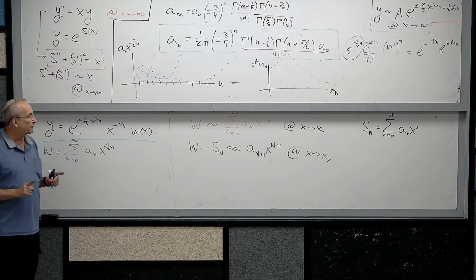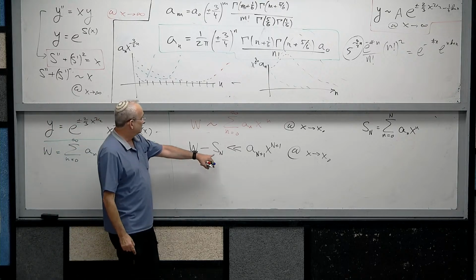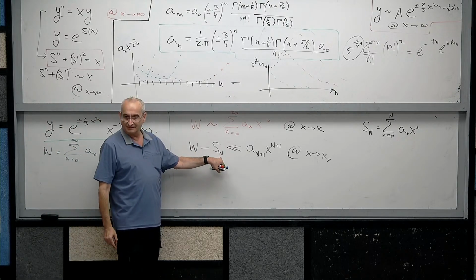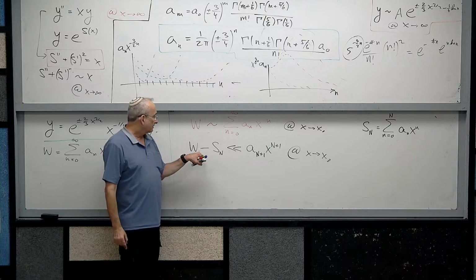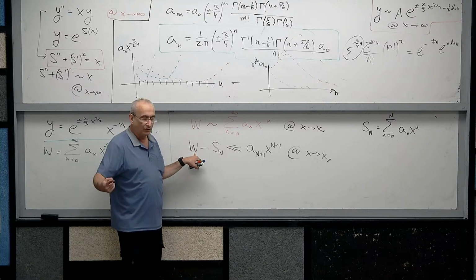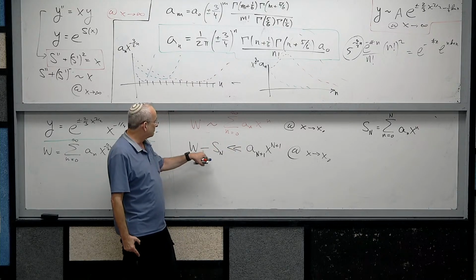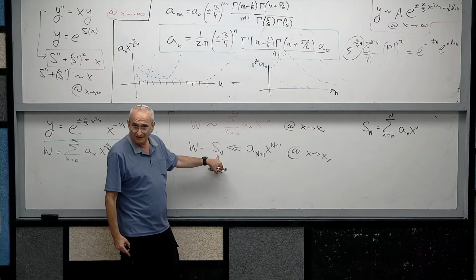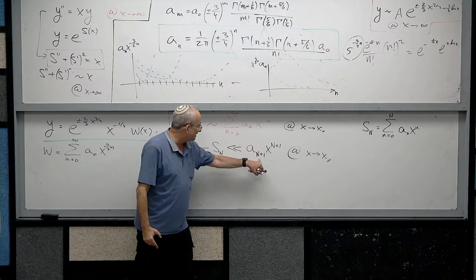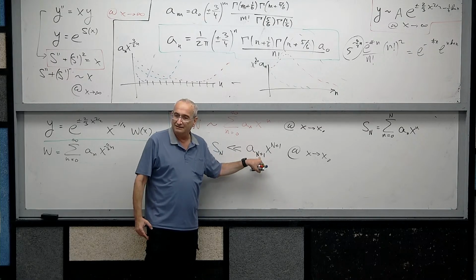What does it mean? If you calculate the first 5 terms in the series, the error from the correct answer will be smaller than the 6th term. If you calculate the first 100 terms, then the error will be smaller than the 101st term.